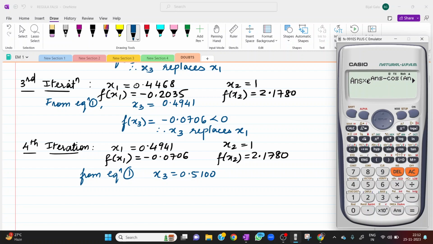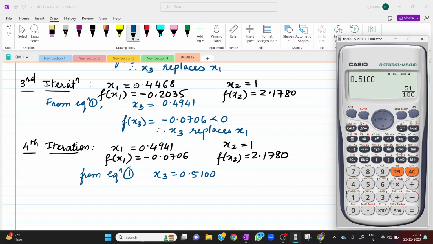Okay, this should have been below. So negative 0.0235. I think this has taken the previous answer. Okay. So to avoid the problems, I'll put 0.5100 and press equal to. This is my answer now.